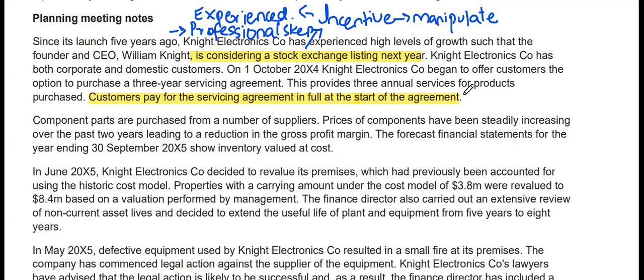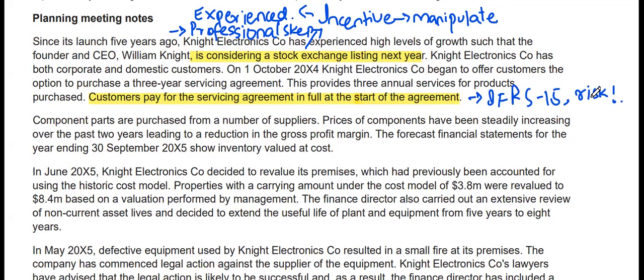First of all, you should explain what the IFRS 15 standard says, how we should recognize revenue, and what the risk is here: there's an increased risk that they have recognized whatever the customer has paid in full at the start of the agreement, at a point in time, instead of deferring it over a period of time.